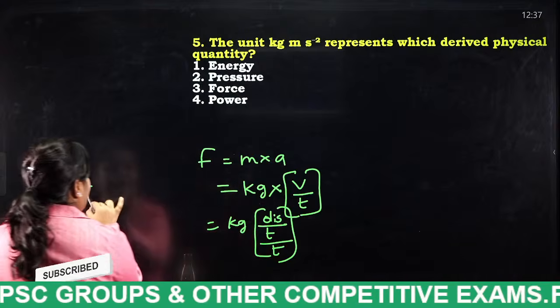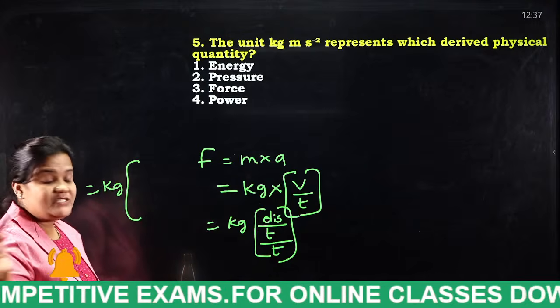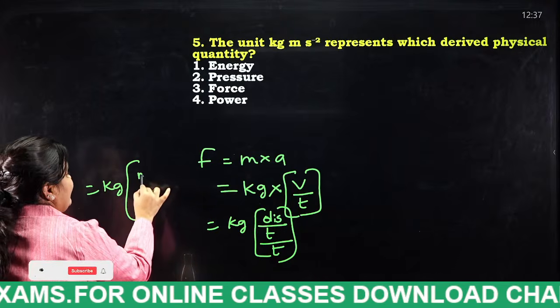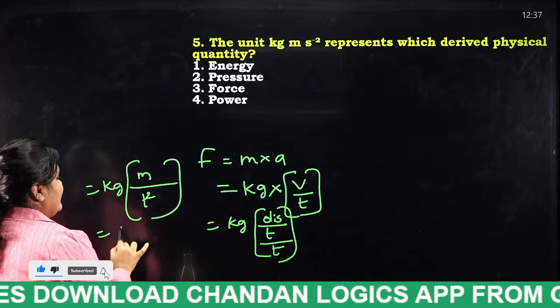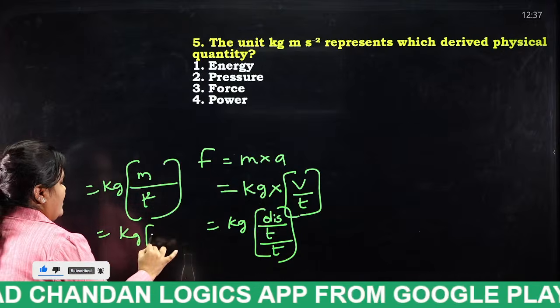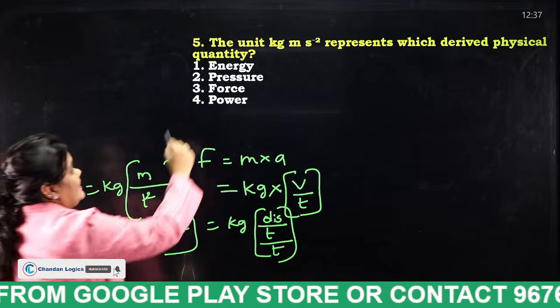So what can we do now? Kg, and distance. How can we measure the distance? Distance is measured in meters. In the similar way, t square, and time is measured in seconds. So what is the answer for this question? Yes, force.